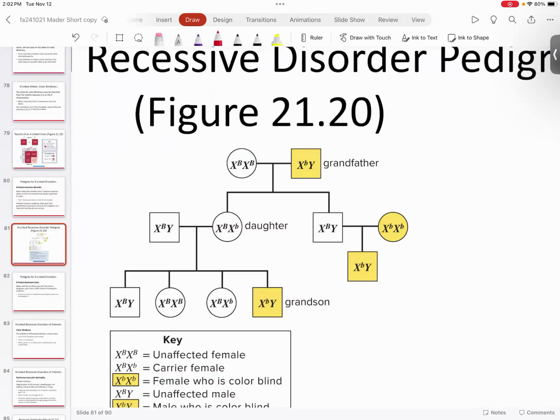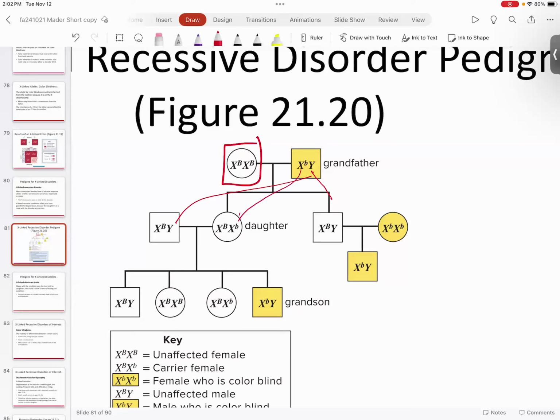Here's our grandfather, who happens to be colorblind, and grandma is normal, homozygous dominant. When he passes on his Y, he's passing it on to his sons. So that Y is going to his sons, and ultimately the sons are reflecting what grandma looked like. However, when he passes on his X, he's passing it on to his daughters.